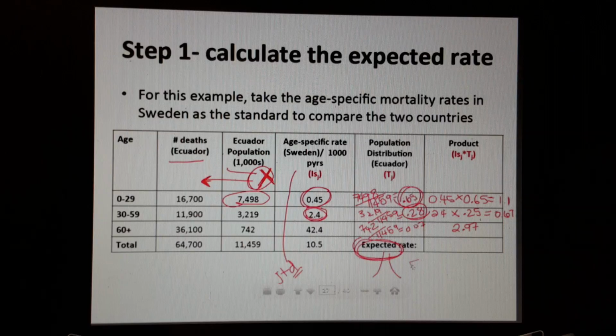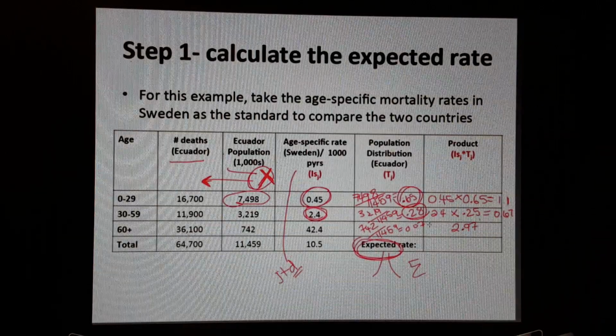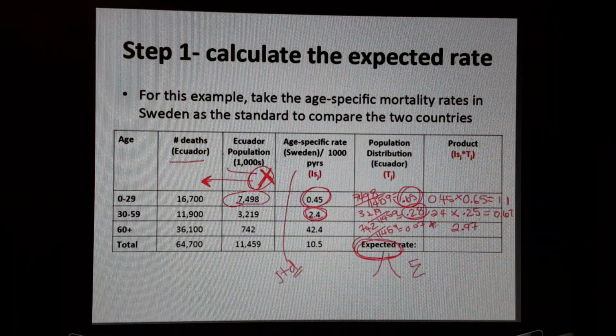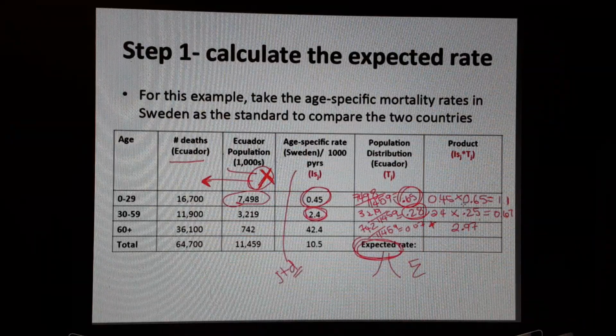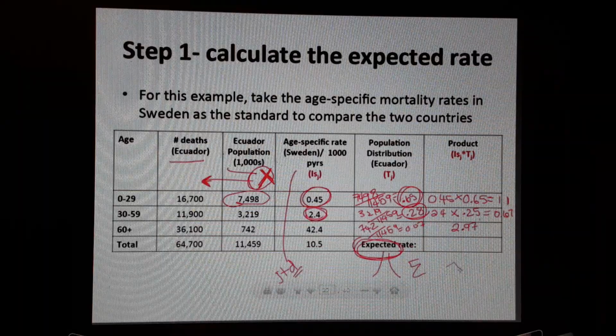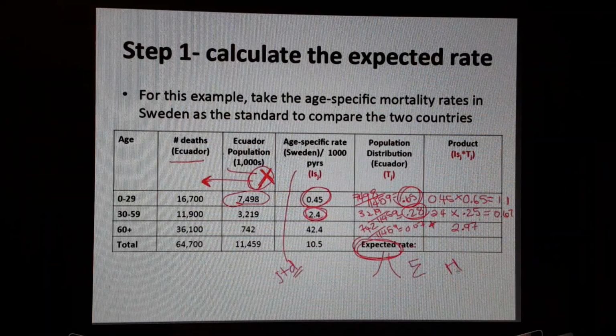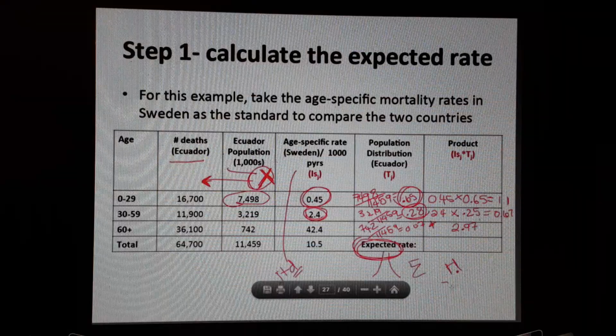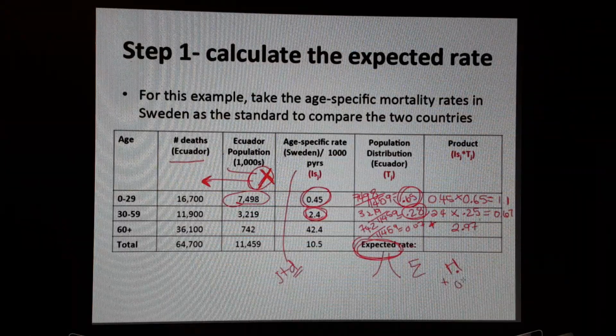Now remember, this is a sum, so you're just going to add up your stratum-specific products here, which I did not add up. So we have 1.1, that's 1.1, I swear. Looks like Rudolph. 0.7.